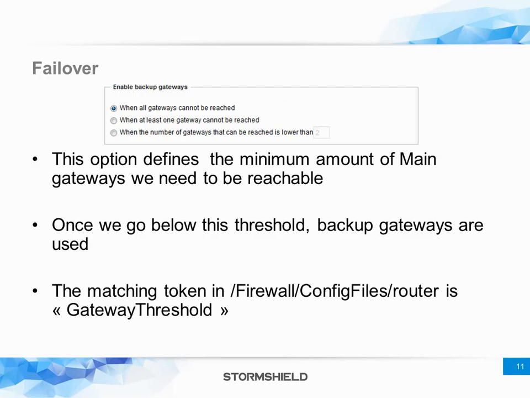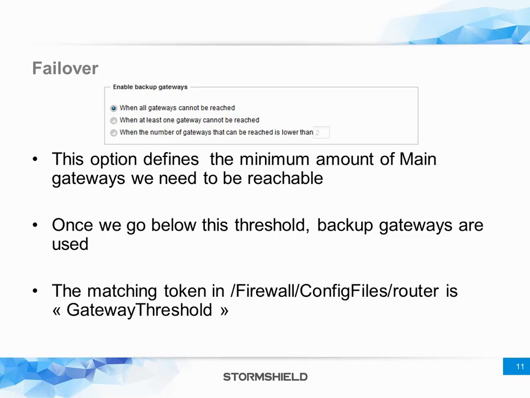Now that we can detect when our gateways become unavailable, let's define a trigger that will call upon backup gateways. The condition here will be the number of gateways that we have already lost. So you have several options you can choose from. The first one is to only call upon backup gateways once you have no main gateways active.